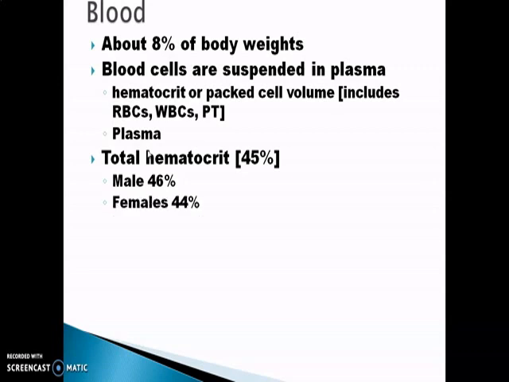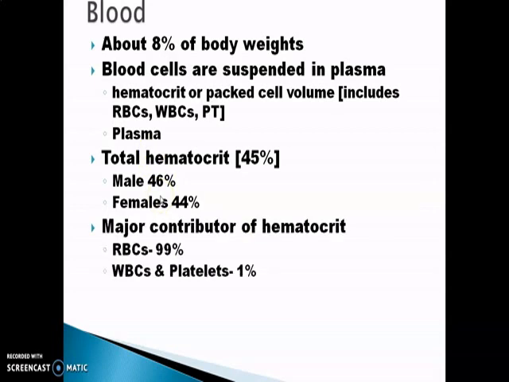This slight difference is because females of reproductive age have a monthly menstrual cycle in which they lose around 50 ml to 100 ml of blood every cycle. That is why their RBCs are being lost, and that is why hematocrit is less.